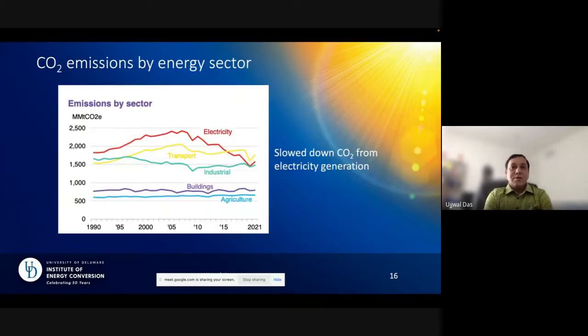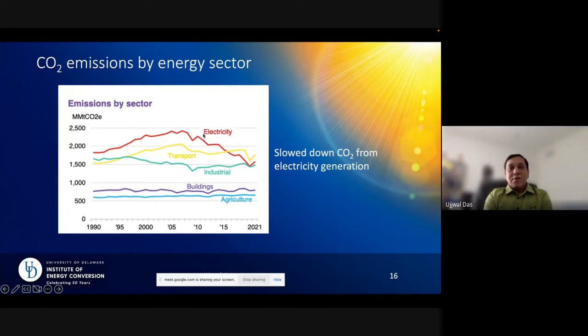First of all, let's go back and look at how much CO2 emission we are making by energy sector, different energy sector. So this graph is showing different energy sector means electricity generation and how much CO2 it emits per year. Also shows the transportation, industrialization, buildings, and agriculture.